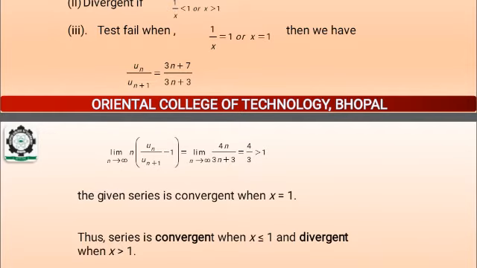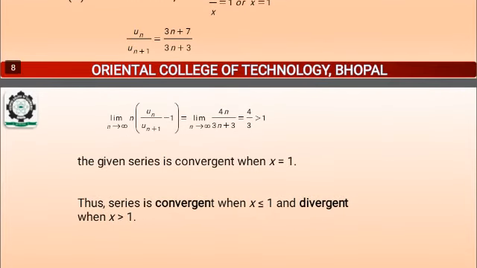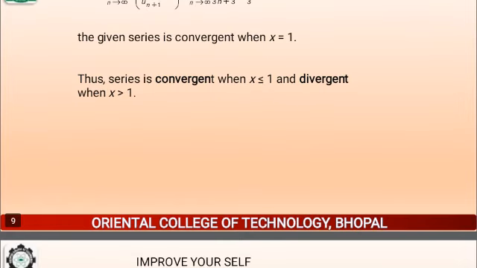Putting the value of un upon un plus 1 here, we have limit n tends to infinity 4n upon 3n plus 3, and when we divide numerator and denominator by n, we have 4 by 3, because n tends to infinity, which is greater than 1. The given series is convergent when x equals 1. The series is convergent when x is less than or equal to 1, and divergent when x is greater than 1.